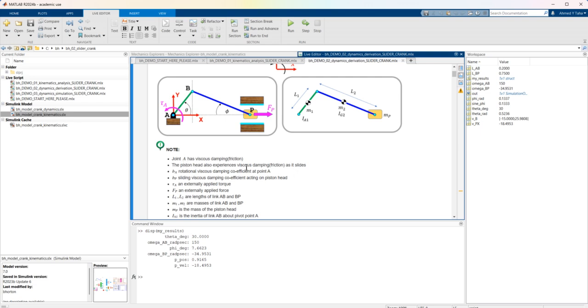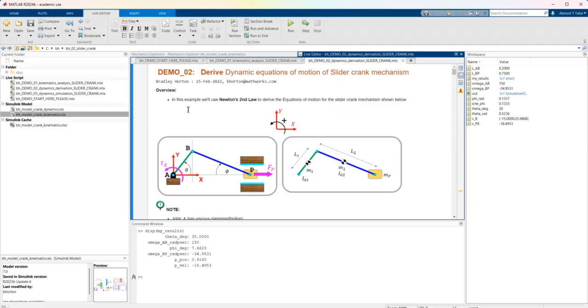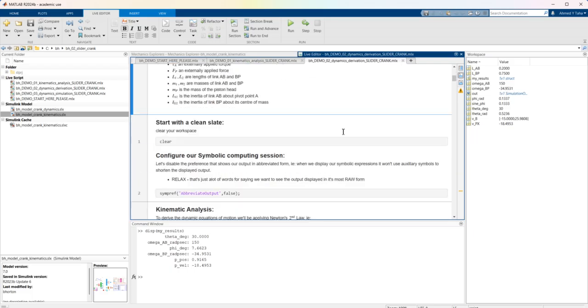The piston head experiences viscous damping, which is going to be friction as it slides. There is a rotational viscous damping coefficient at point A, and so on. This tells me exactly what the forces are, because this is a dynamic kinetic solution for the state.